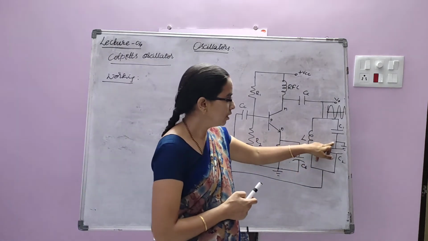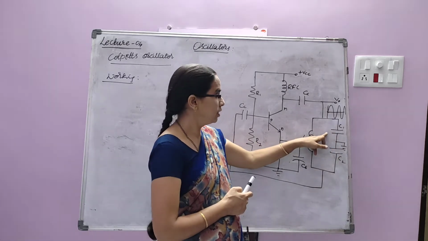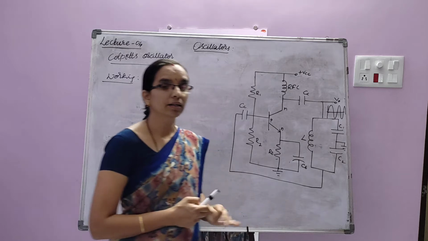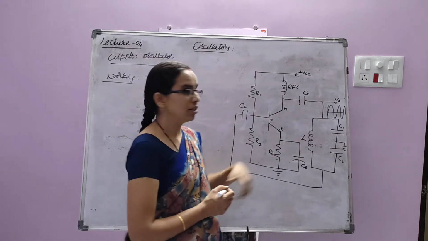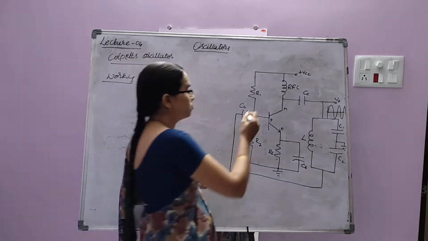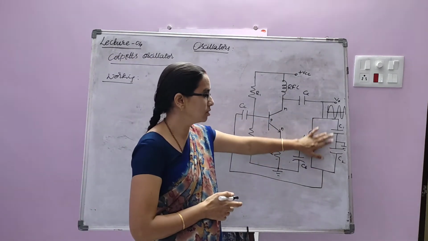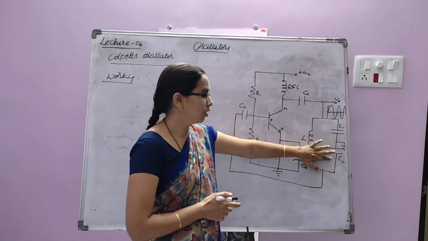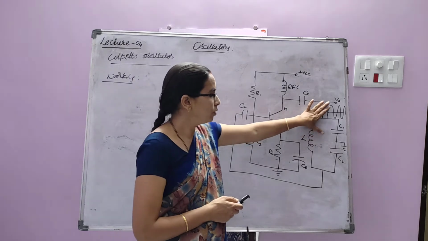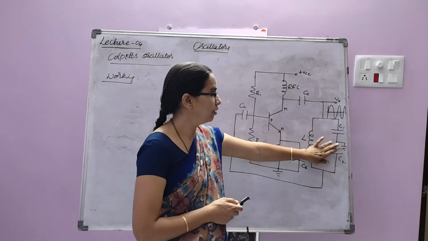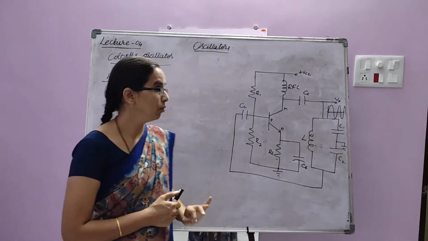As the center of the capacitors' terminal is grounded, these two capacitors will be at opposite potential. So the voltages across these two capacitors will be out of phase. The output is taken across C1 and the feedback is given by the voltage across C2.